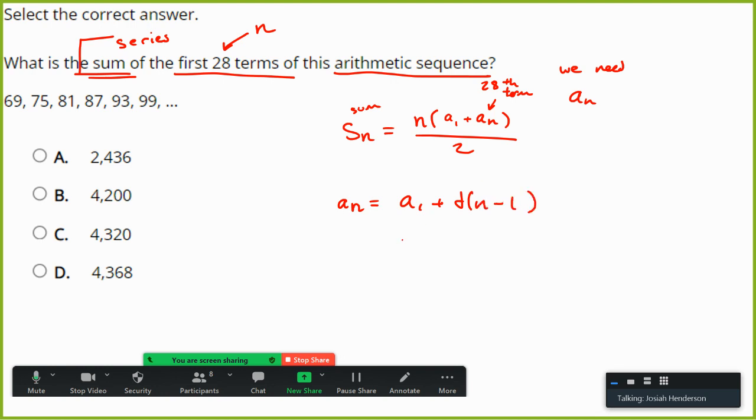So first term is 69. Common difference, what's it going up or down by? What is D?